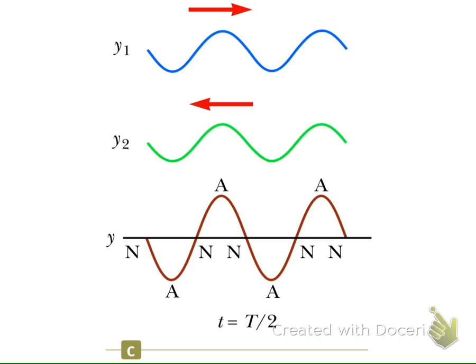So we have the node and the antinode, but the most important thing is that this pattern does not move, but it oscillates with a different amplitude at a different position.